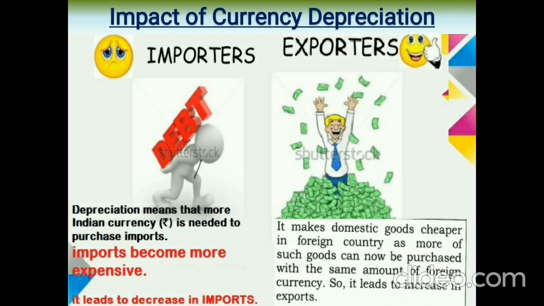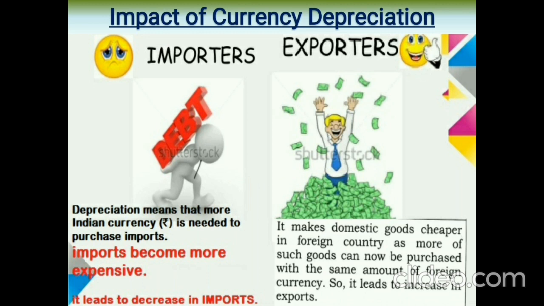So we discussed the exporter side. On the other side, the importers are facing the burden of debt. As you can see in the picture, the importer bears the burden of debt, as depreciation means that more Indian currency is needed to purchase imports. Imports become more expensive.